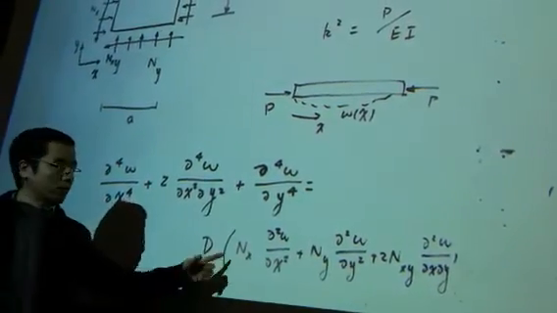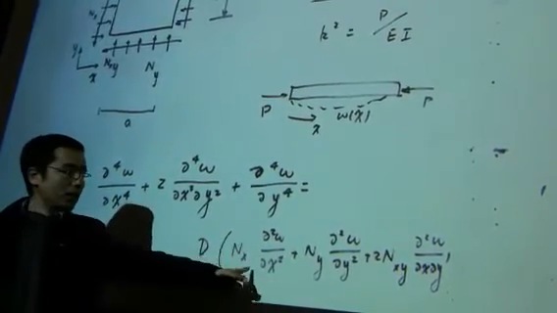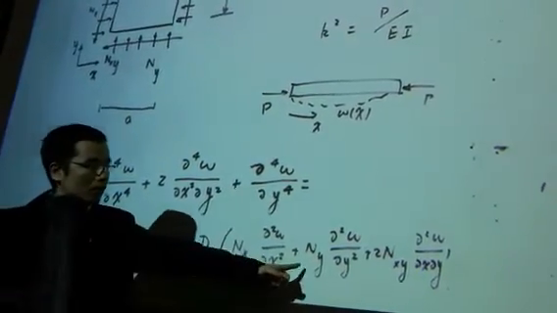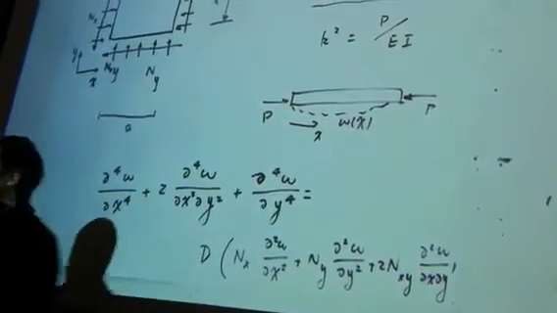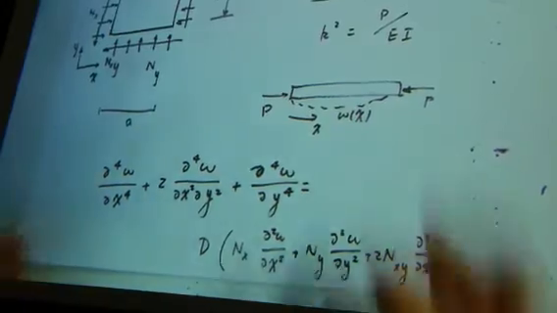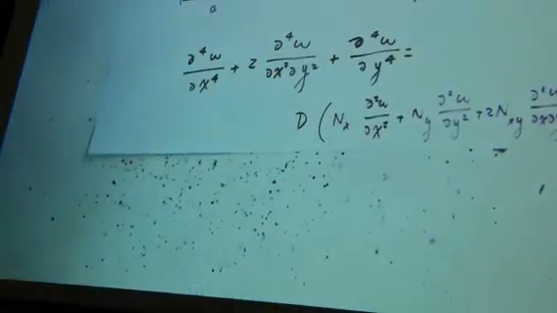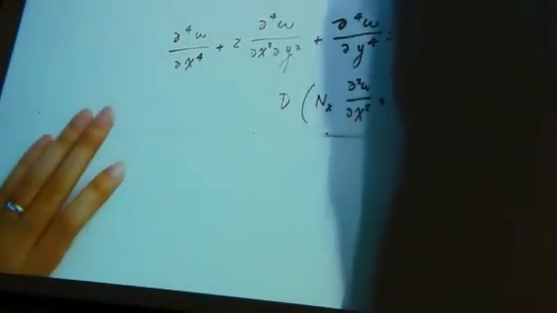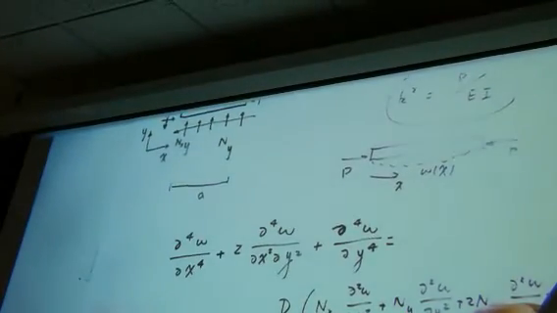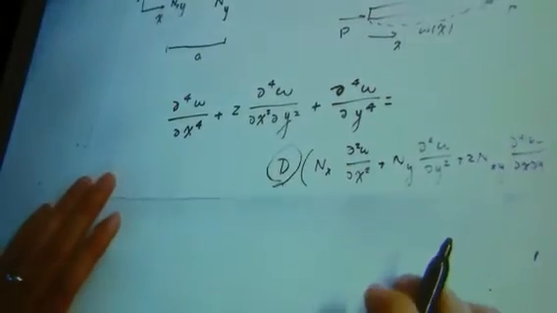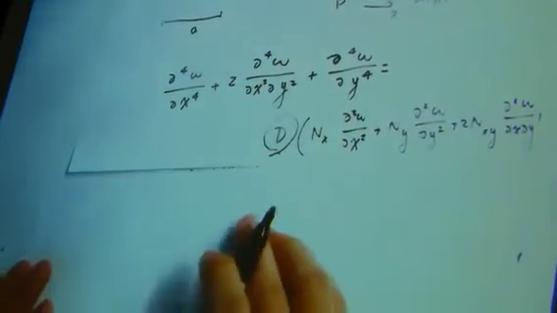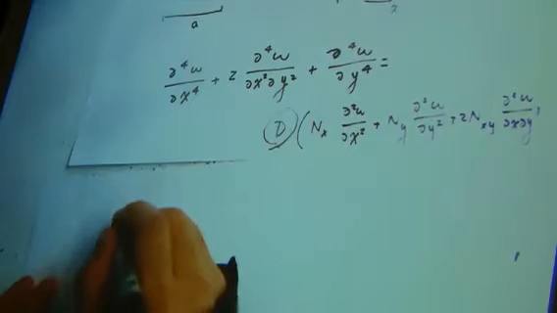On the right is the loading. Nx, Ny, and Nxy are the loading along the x direction, the loading along the y direction, and the shear force. This one is a constant related to the modulus and Poisson's ratio. Just like K in the column is related to the modulus and the sectional property, in the plate we also have something related to the modulus and sectional property.